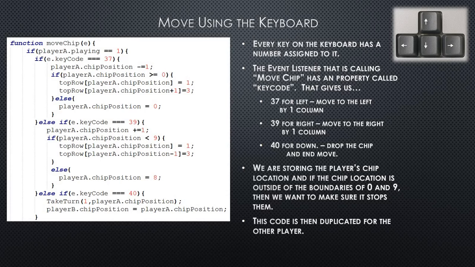But while the web page is listening for whatever keys you're pressing on the keyboard, every key has a number assigned to it. That's where the key code comes in on these if statements, where they're checking for key code number 37. That's saying, at least in our code here, we want to move left by one column.